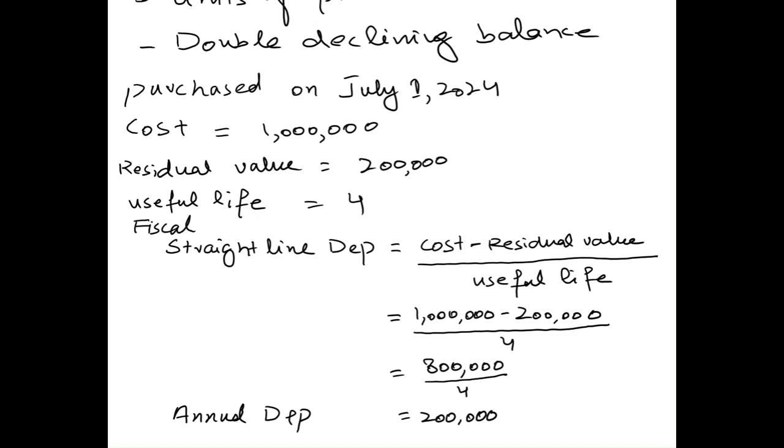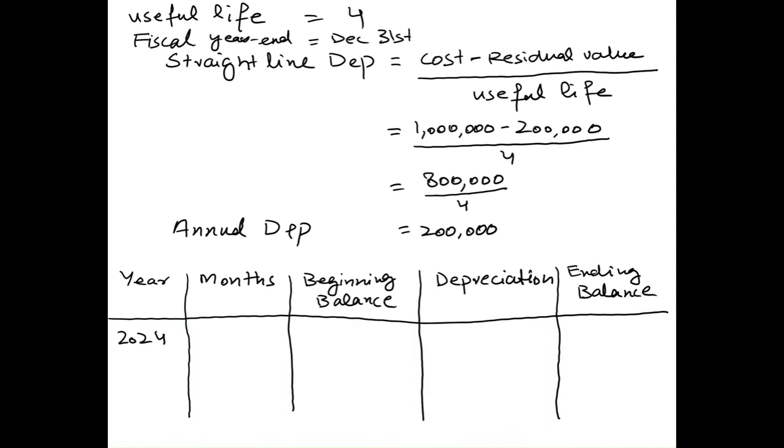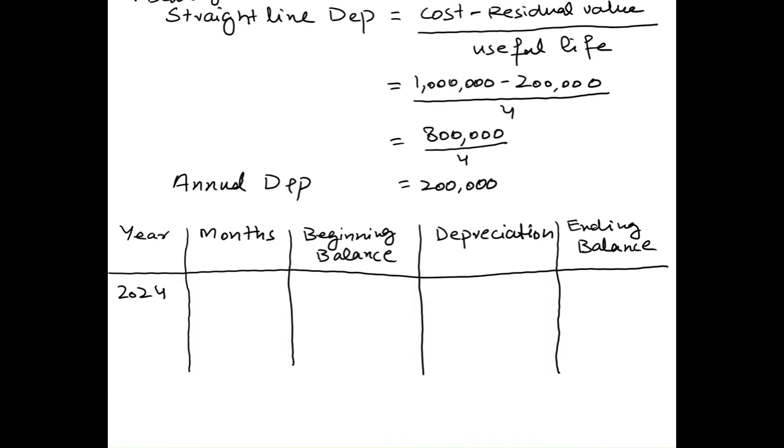So for the fiscal year 2024, the number of months remaining after we purchase the asset is 6: July, August, September, October, November, and December.